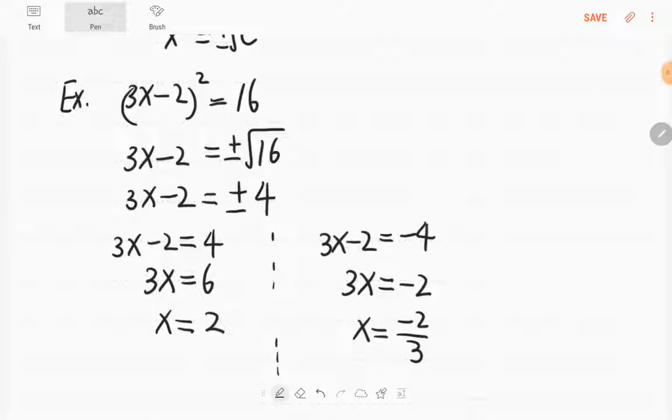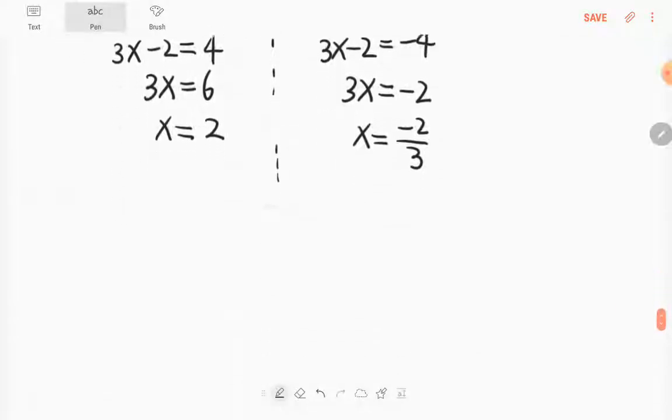Then sometimes we have some quadratic type equations. In other words, we can use the idea of the quadratic equation to solve other higher order equations.